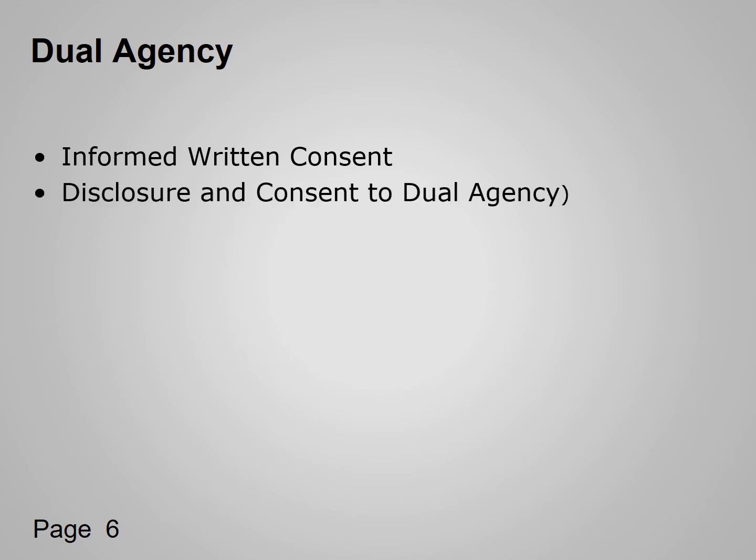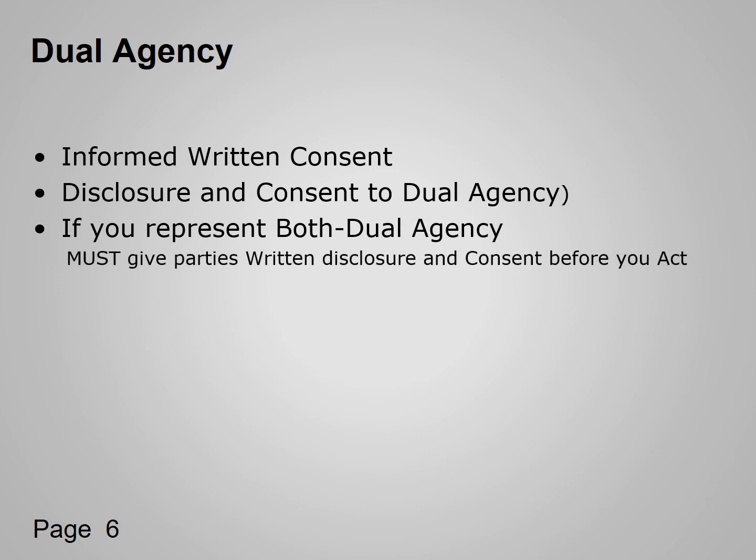Dual agency, if you do represent as an agent 2 clients, let's say the seller client and the buyer client, make sure they both get informed written consent and that they sign a disclosure and consent to dual agency form. So it's not enough just to tell them in writing. They also have to give their consent in writing. If you represent both, then we have a dual agency.